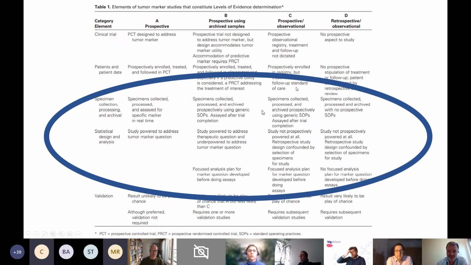And here you see, and I will not go into much detail, the typical levels of evidence. Most AI tools and most AI publications, even if they are published in high-rated journals like Nature or Science, most of them are retrospective and not powered at all for the biological question that is needed to investigate.